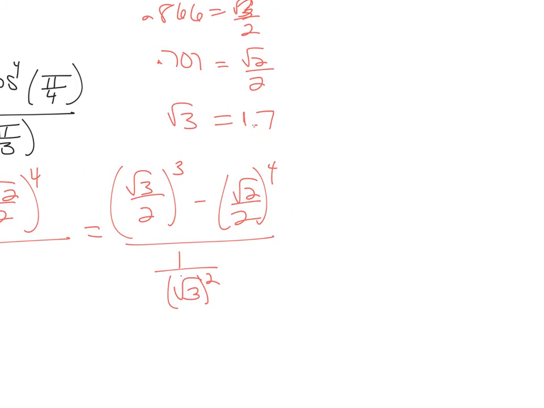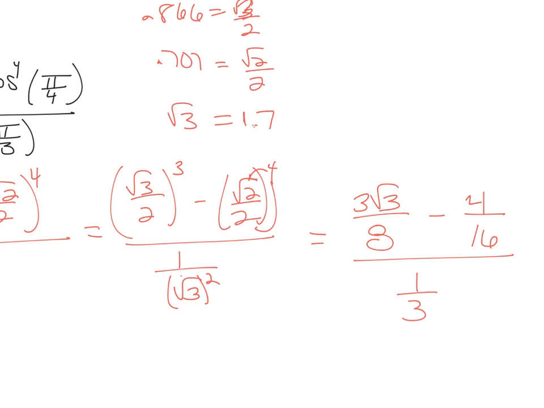So you're going to just simplify this now. You're going to end up getting 3 radical 3 over 8, because 2 cubed is 8, minus 4 over 16. So you take the fourth of radical 2, you get 4, and if you take the fourth of 2, you get 16. All over 1 over 3.